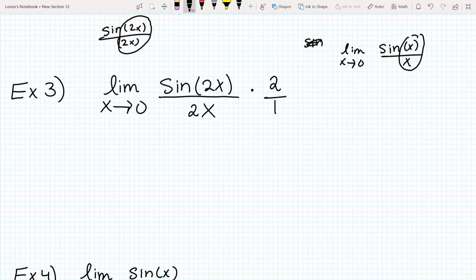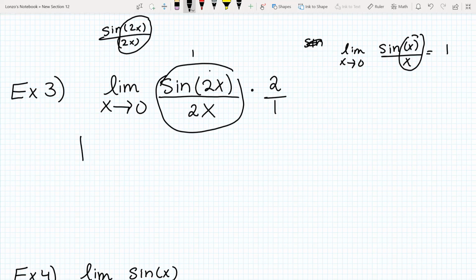So if you do that, it satisfies this part, and then we're okay. So now we have this. What is the limit as x approaches 0 of sine of 2x over 2x? Well, it's one of our trig limits, which is going to be 1. So you can replace this with 1. Since that's a constant, you can put it outside the limit.